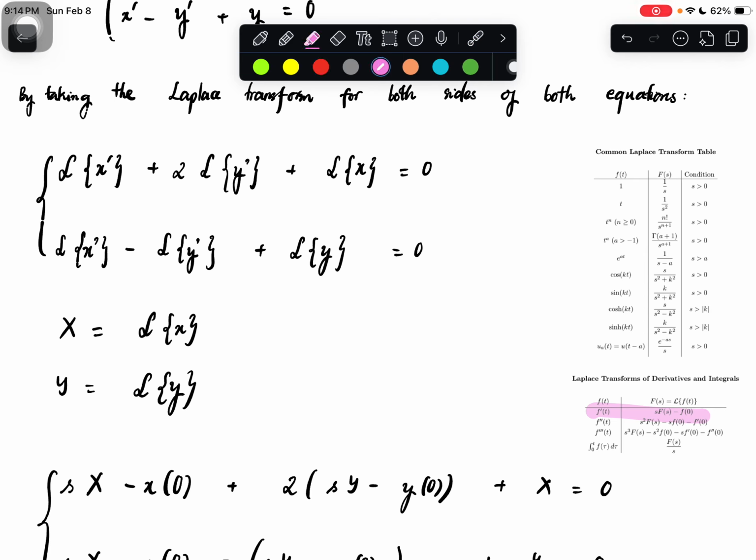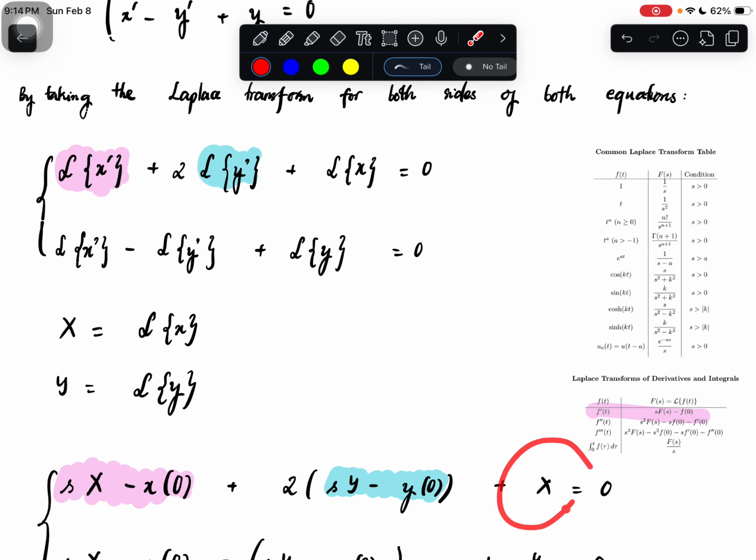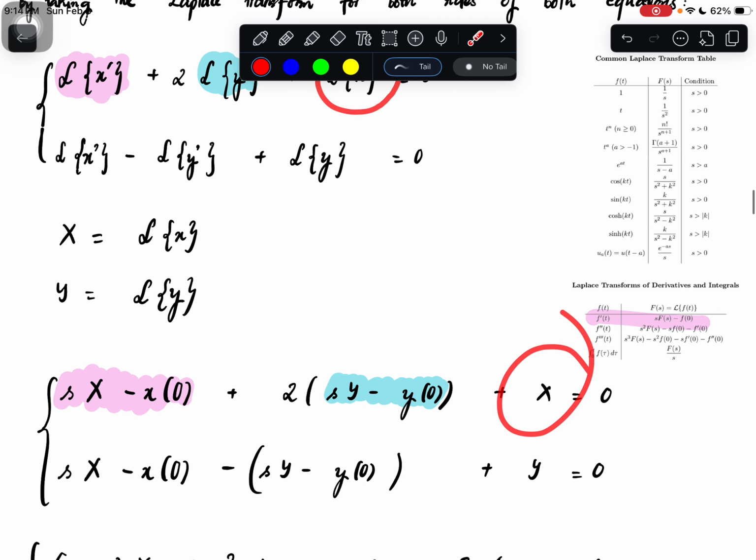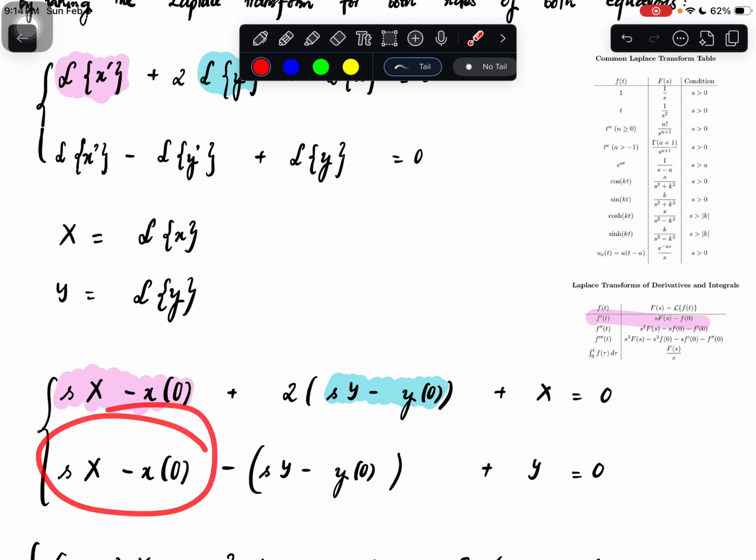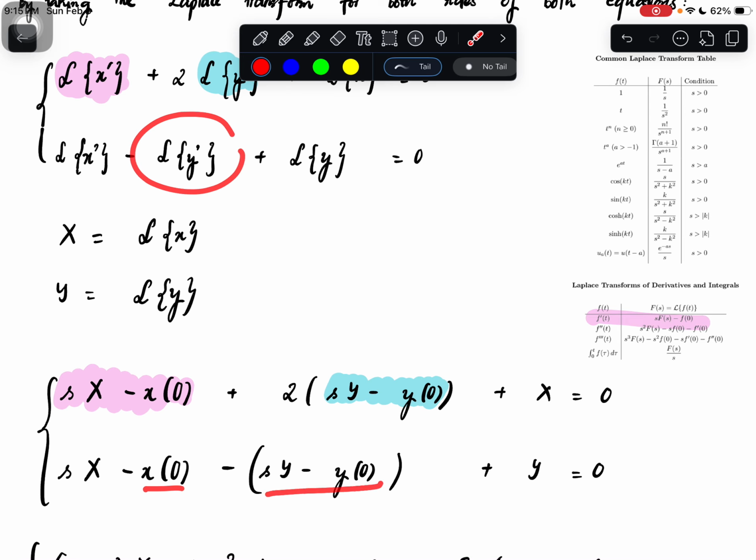Similarly, you have the Laplace transform of Y prime, S times big Y minus Y at 0. The Laplace transform of X is just big X, and you do the same for the second equation. Laplace transform of X prime, S big X minus X(0), S big Y minus Y(0), and big Y.